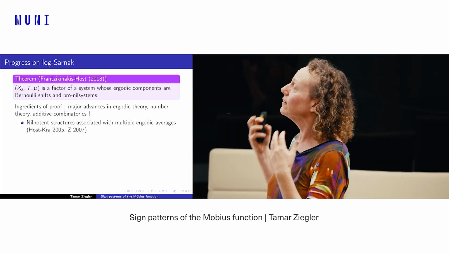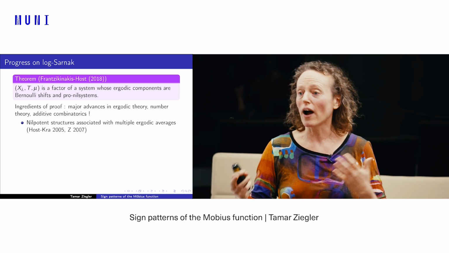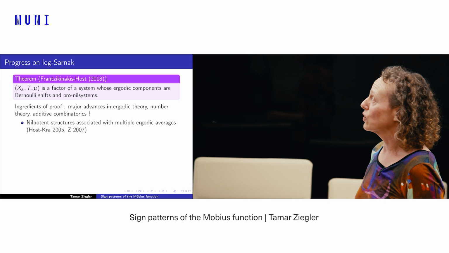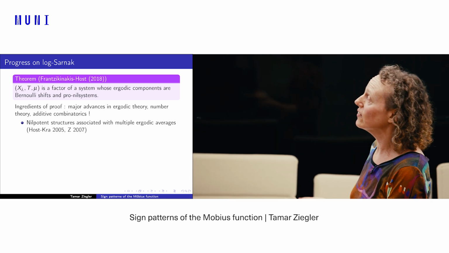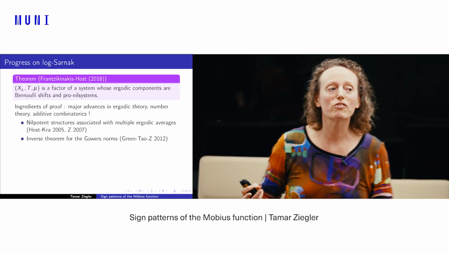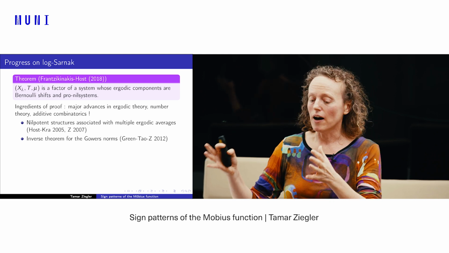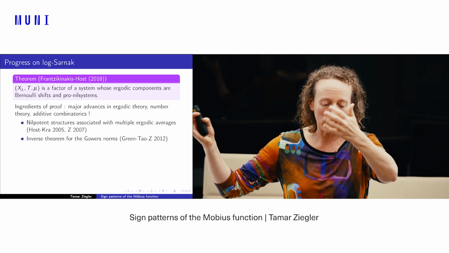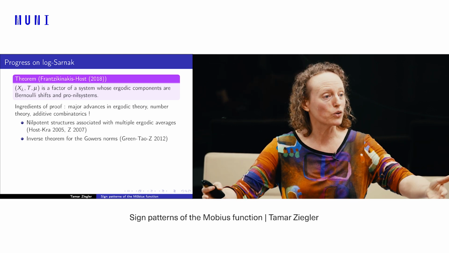It builds on the fact that these nil systems play a role in trying to understand ergodic averages. Those are results from 2005 and 2007 by Host and Kra and myself. And then the inverse theorem for the Gowers norm, which is a parallel to the theorem I described on nilpotent structures in ergodic theory, but appears in combinatorics.